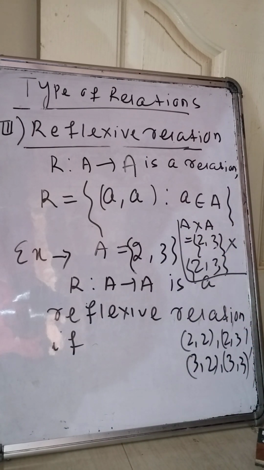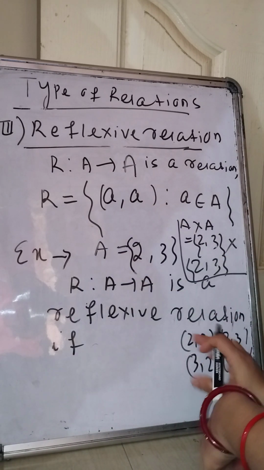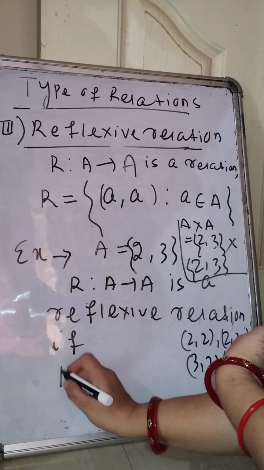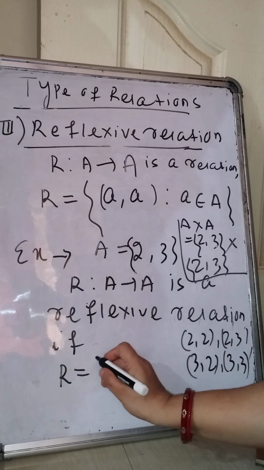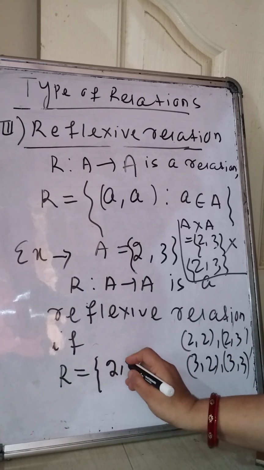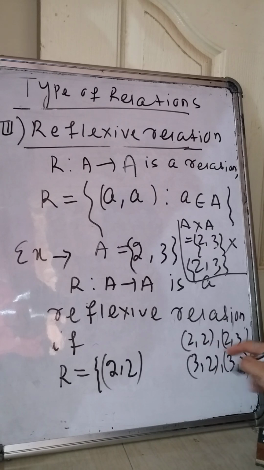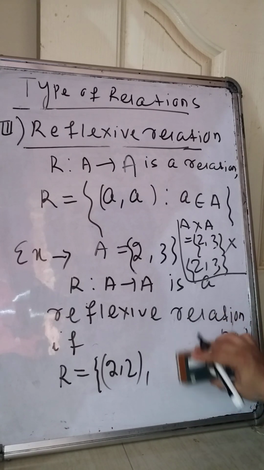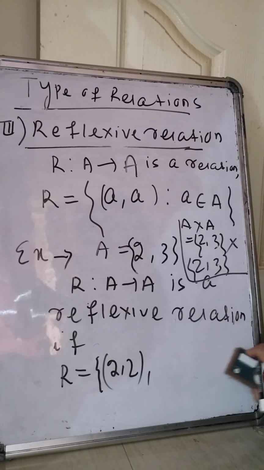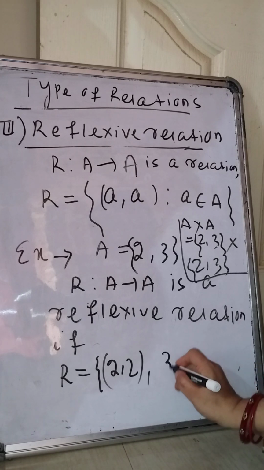But in the relation, which ordered pairs will we consider? AA, means 2 2. So R will be a reflexive relation if the ordered pairs are 2 2 and 3 3.